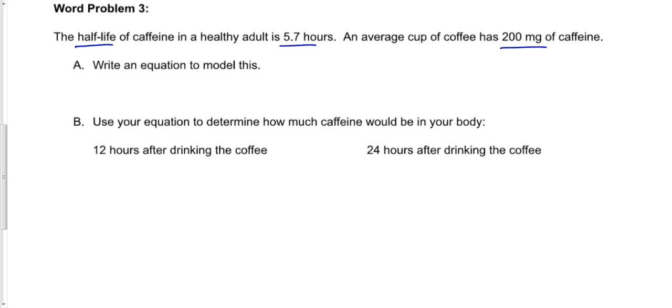Well, we know this is a half-life question, so that means your mass is equal to your original mass times 0.5 to the exponent actual amount of time gone by over whatever your half-life happens to be. It tells us that the half-life is 5.7 hours, so our H value is 5.7.